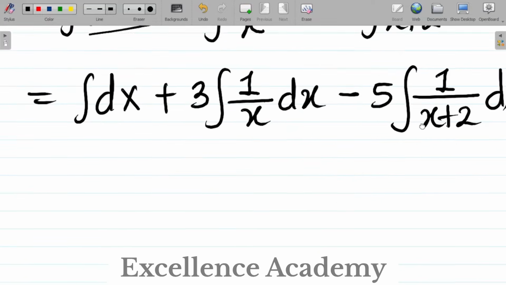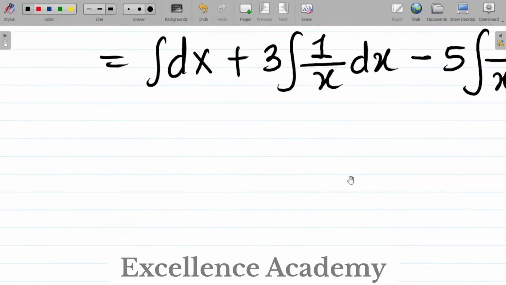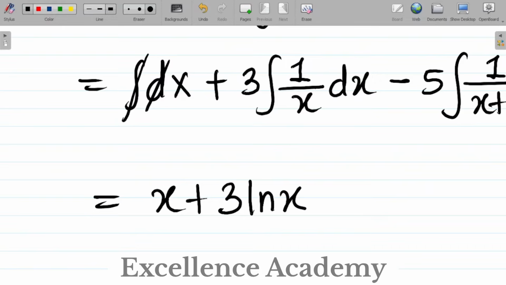Now note that if I'm integrating a 1 over x term, such that the power of x here is 1, I'll have ln of what I have there. So from here, the integral cancels the differential. This becomes x plus 3 into, if I integrate 1 over x, I'll have ln x, of course, because if I differentiate ln x, I'll have 1 over x.